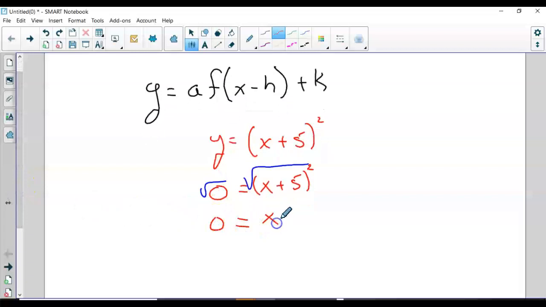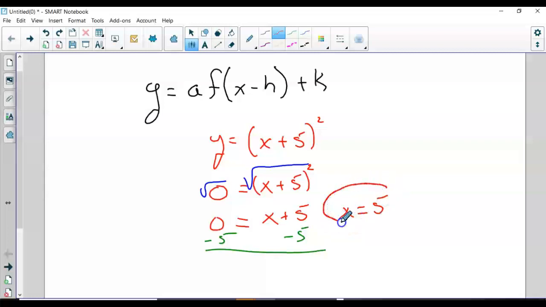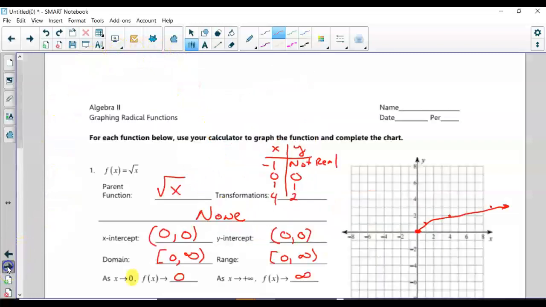And that's equal to x plus 5. Well, I'm trying to find x, so I have to subtract 5 from both sides. So when I subtract 5 from both sides, I end up with x equaling -5 to make that statement true. So h, when it's inside the function, is going to force everything to go the opposite direction. It's sneaky h. So it goes opposite.